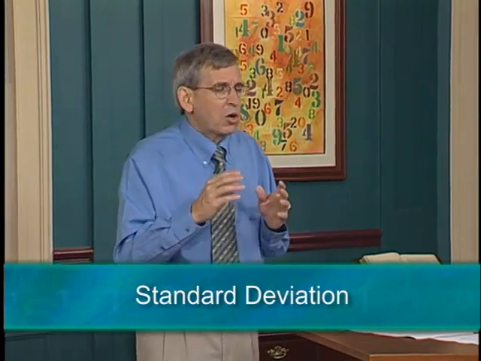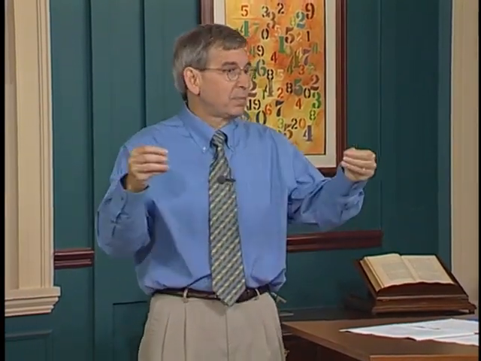Our goal is to find a numerical measure of how spread out the data are, so that you get a bigger number if they're more spread out and a smaller number if they're more clustered together. The standard deviation accomplishes that, just as the average deviation did. But let me first tell you how to get the standard deviation, and then we'll discuss why it's the measure that is most commonly used.